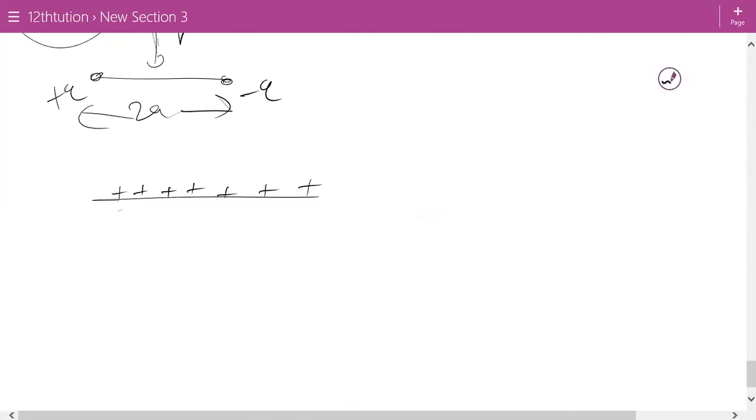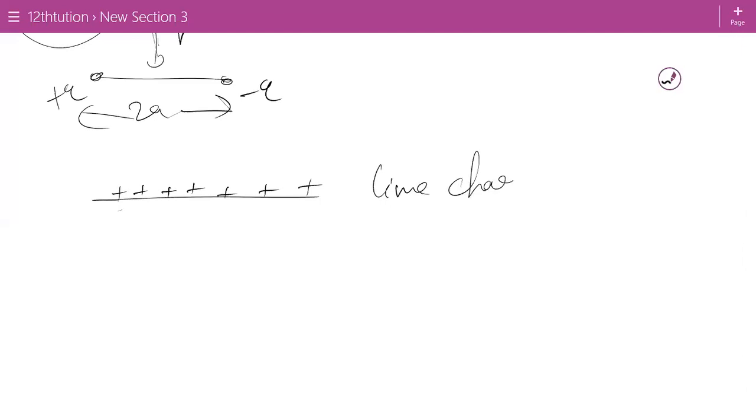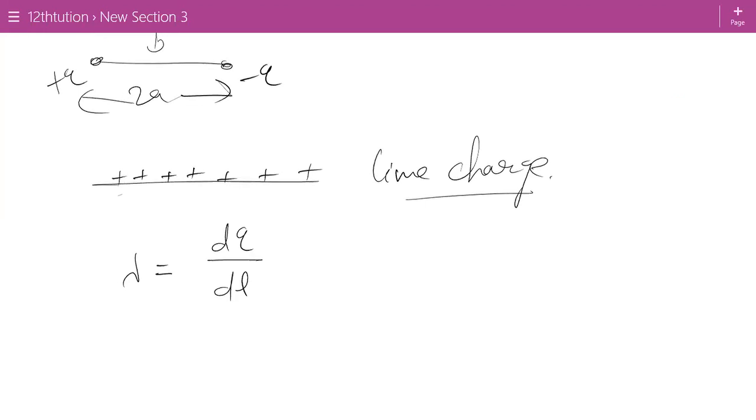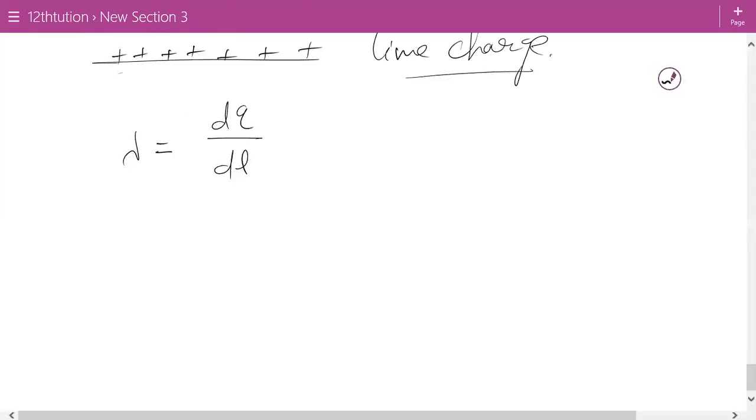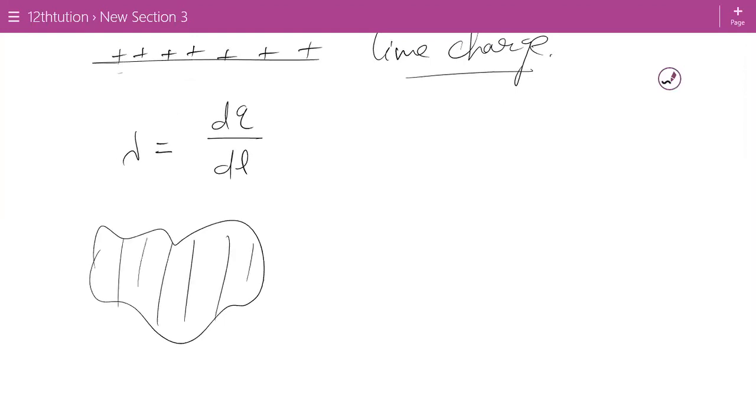So this is called the line charge, or linear charge density. Linear charge density lambda is defined as dq by ds, charge divided by length. Surface charge density is defined as sigma equal to dq by ds, charge divided by area.